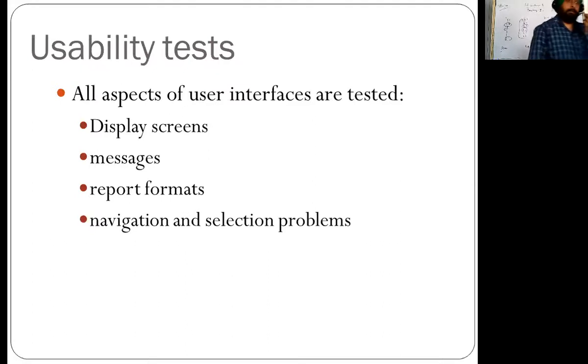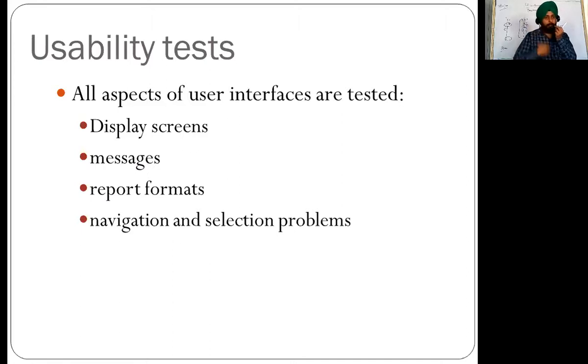Usability testing: here all aspects of the user interface are tested. Like UI designing, all screens are there, proper dialog boxes are there, proper messages are coming. You put your system through tests to check whether a dialog box is coming or not.